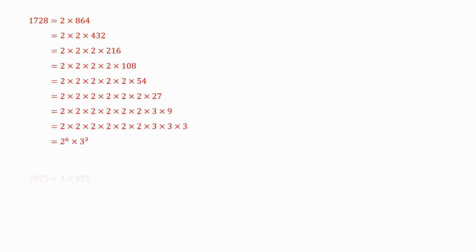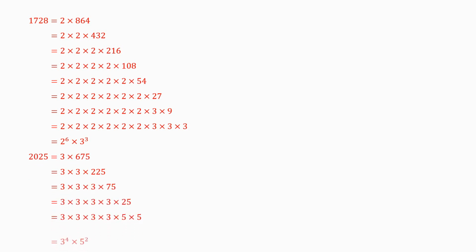Then we factorize 2025 using the same method. We have 2025 is 3 to the power of 4 times 5 squared. If you have a problem performing the division, you can leave a comment.